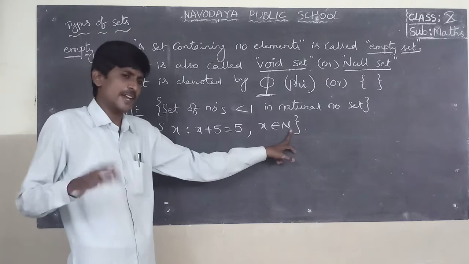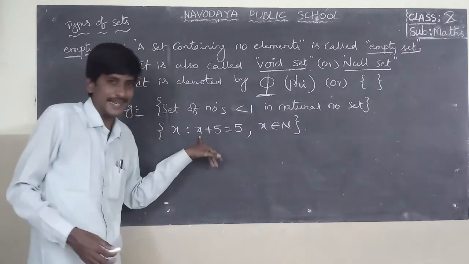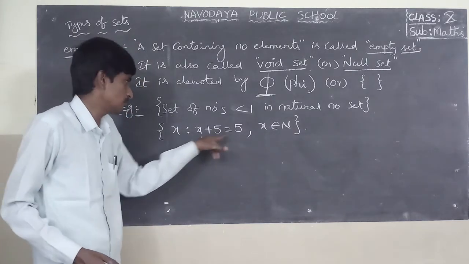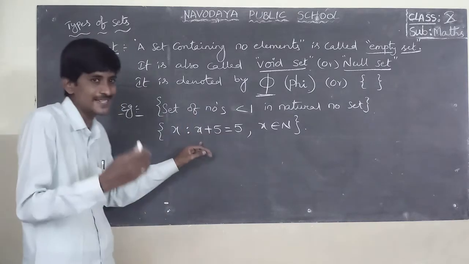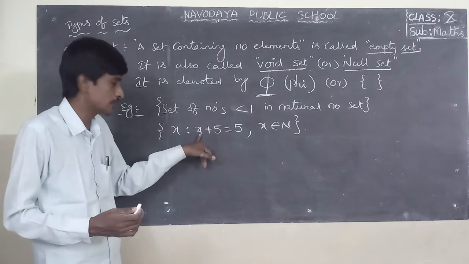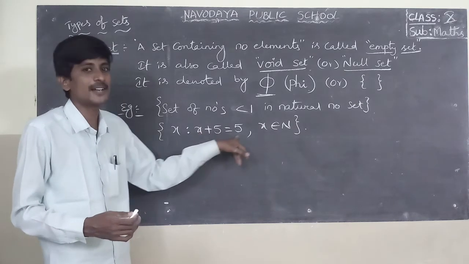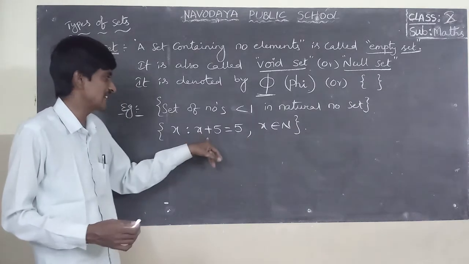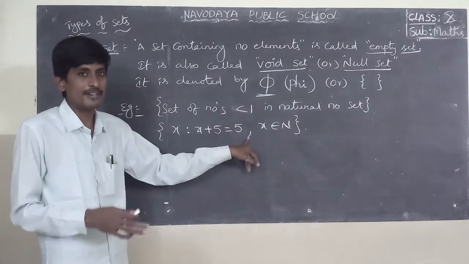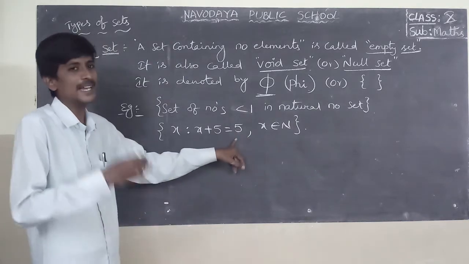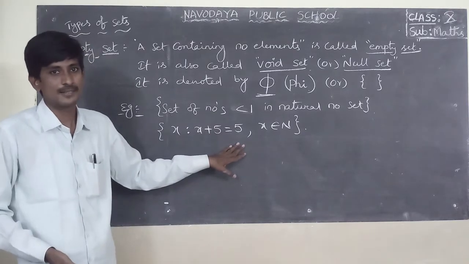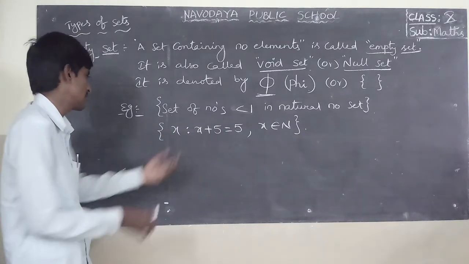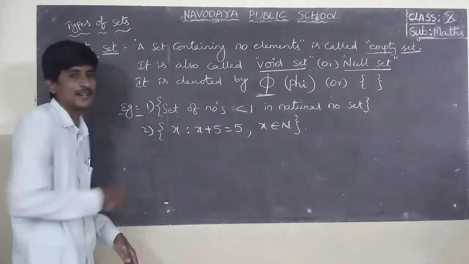If you take any number and substitute it in x, check whether LHS and RHS are equal or not. For example, the least number is 1. Substitute 1: 1 plus 5 is 6, not equal to 5. 2 plus 5 is 7, not equal to 5. If you substitute any number, LHS and RHS are not equal. So there is no such number. So it is also an example of an empty set.